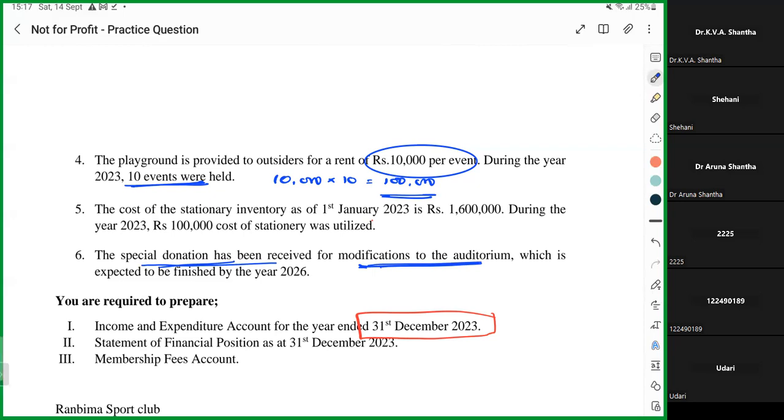Therefore, this is a special donation. If it is a general donation, you can take it as an income. Now this is a special donation, so you can't straight away take it as an income.